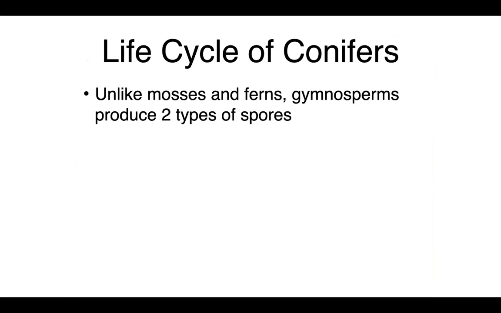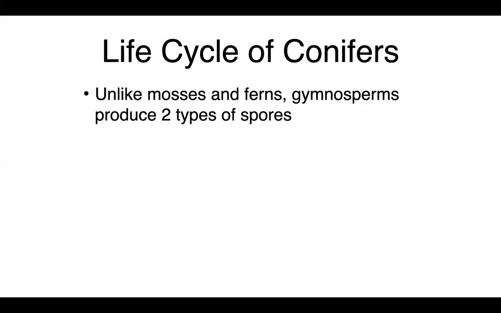Okay, and finally we have conifers. It's one phylum called Conifer, under the seed vascular plants. They are gymnosperms, they are naked seeds. So this is an example of a vascular seed plant.